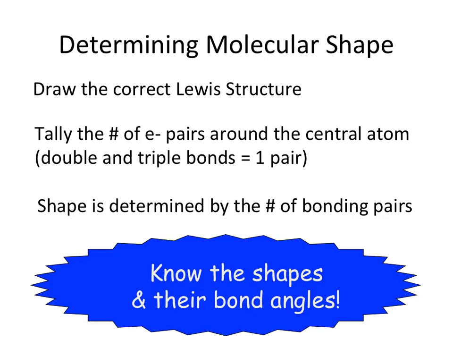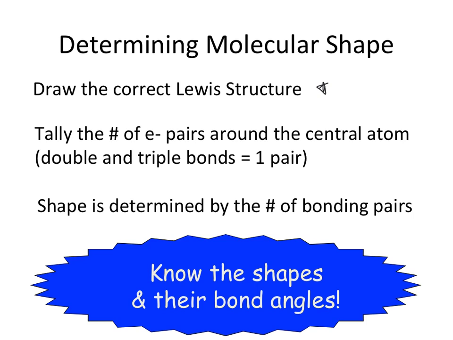Now, when we're actually determining molecular shape, the first thing we need to do is draw the correct Lewis dot structure. At this point, I assume everybody's proficient. The next thing we do is look at those electron domains, or those pairs, whether they're in a bonding pair or a non-bonding pair. We basically count all those up.